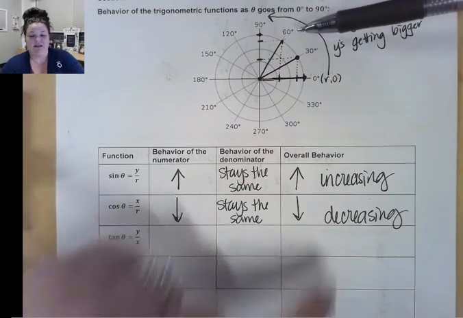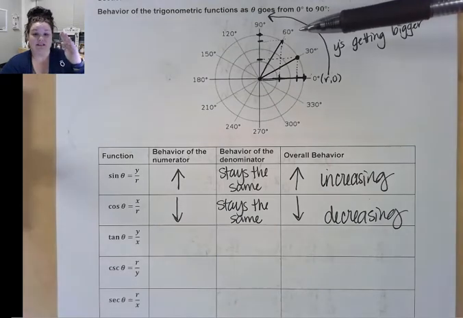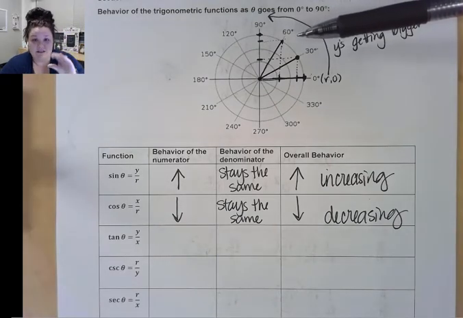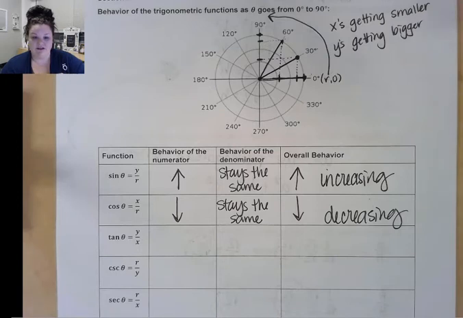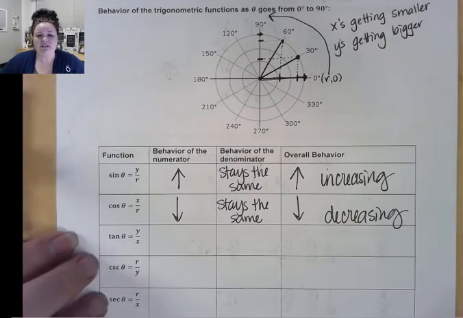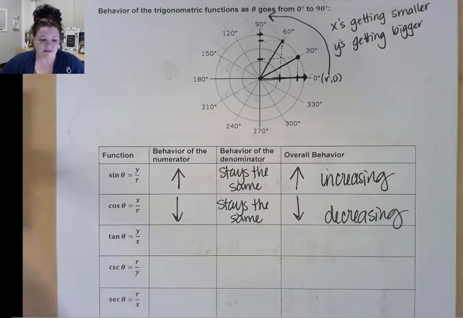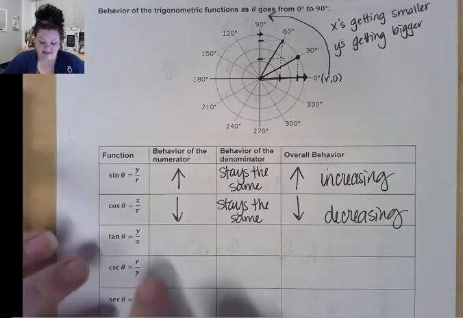Because decreasing means as the angle measure increases, our cosine values get smaller. Does that make sense? Okay, so let's look at tangent. Tangent's a little bit tricky because it has an x and a y.